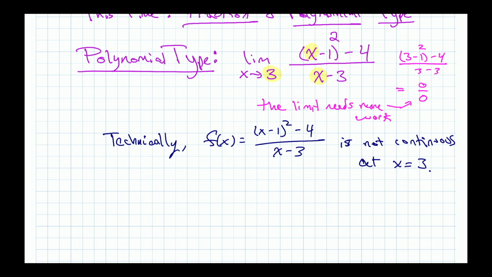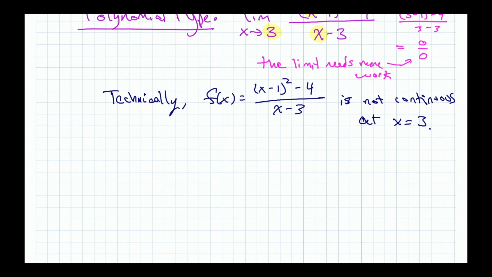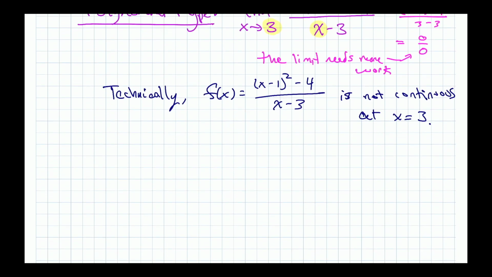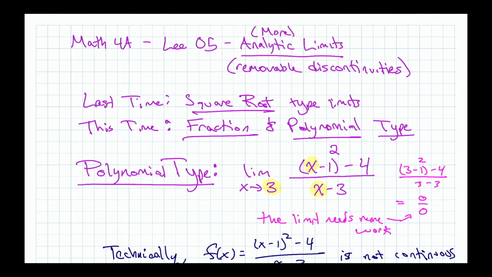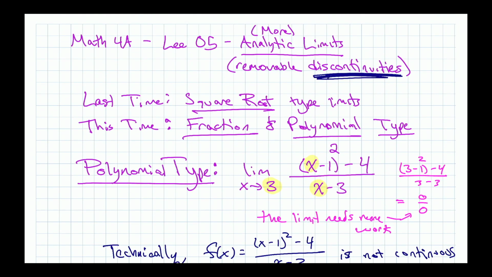Why not? Well, are you allowed to plug in 3? No, you're not, right? So it's not continuous. The function value doesn't even exist at 3. You can't even plug in 3. Right? So it's not continuous, and so that's the discontinuity part of removable discontinuities.